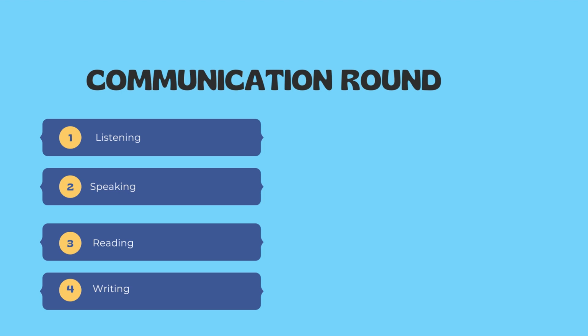The second one is speaking. They give a question on the screen, for example, talk about your favorite person, or talk about your favorite cartoon. Along with that, they mention three sub-questions about what you have to include.